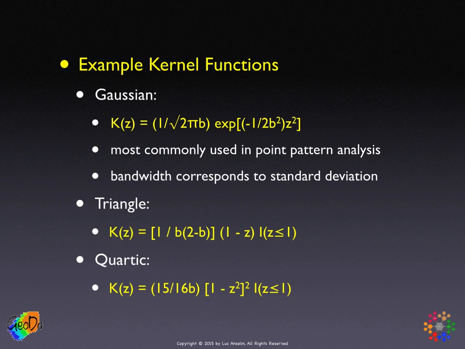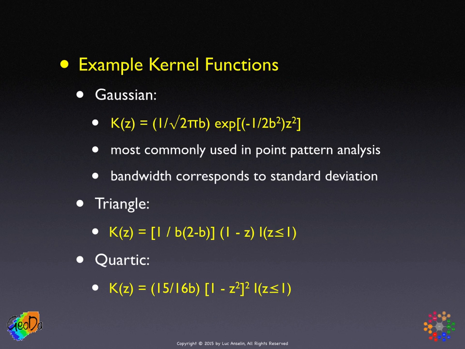The bandwidth is not a hard cutoff point. And the convention is to use the standard deviation in this expression as the bandwidth. So with a larger standard deviation, your bell shape will spread out further. With a smaller standard deviation, it will be spikier, as we illustrated in the previous graph.